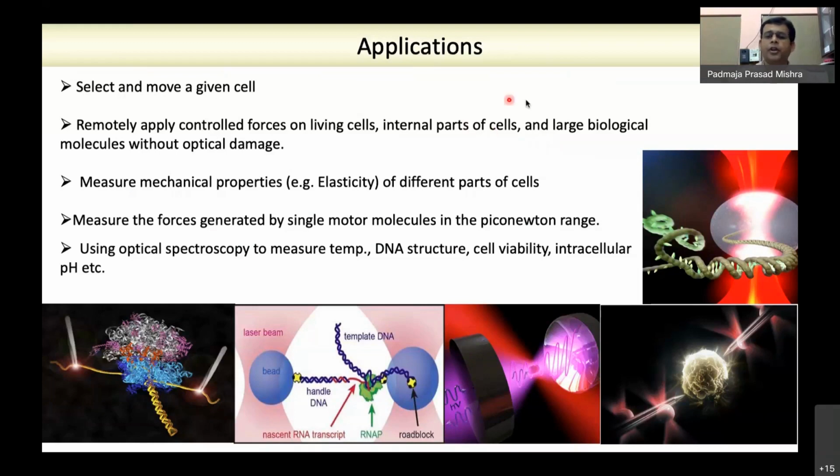So you can trap very small objects and larger biological molecules without any optical damage if you are not using UV visible radiation and are using IR radiation.